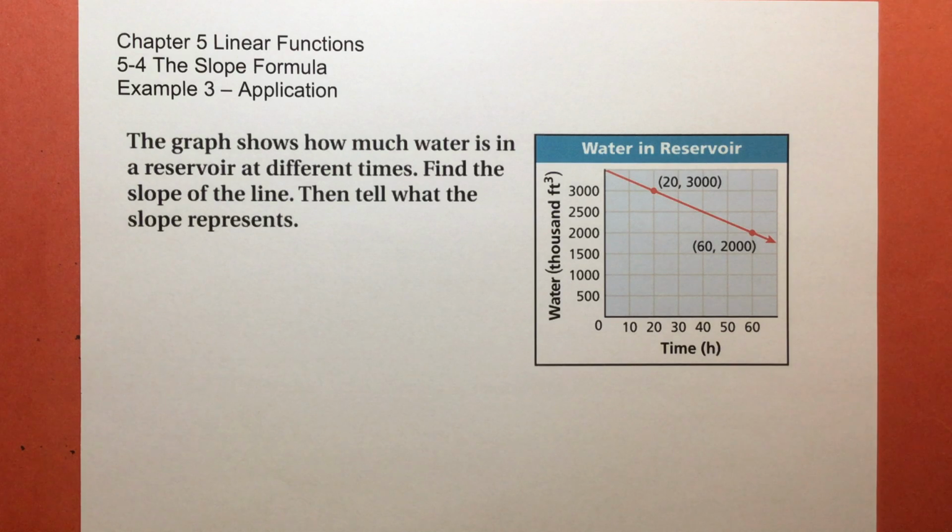This is a situation where water is draining out of a water reservoir. Okay? So for a lot of cities, especially cities that aren't next to lakes or rivers, I think St. Paul gets most of its water from the Mississippi River, which would make sense. And then it goes through a water treatment plant, and that way it goes to your house.